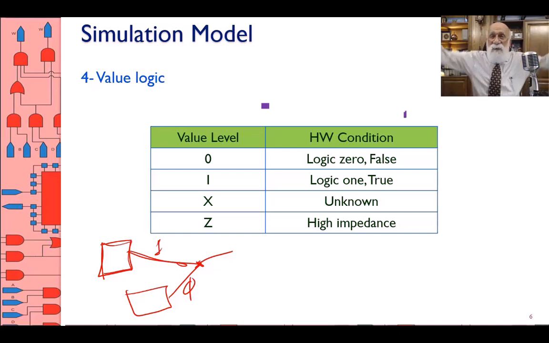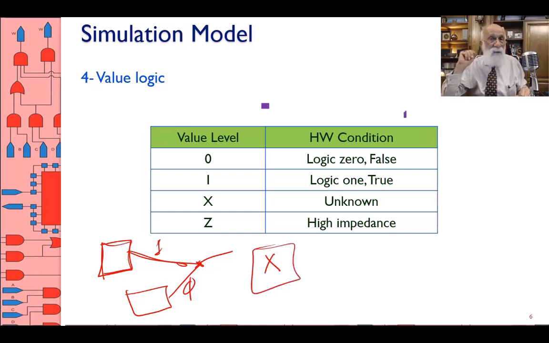Do I scream something bad has happened? Or I can do this. I can say, well, things that are not all that perfect, let's call them the X value. And the X value is the value that is representing an unknown, an uninitialized, a bad value, a conflict, and things like this.